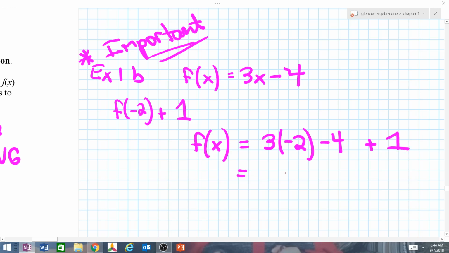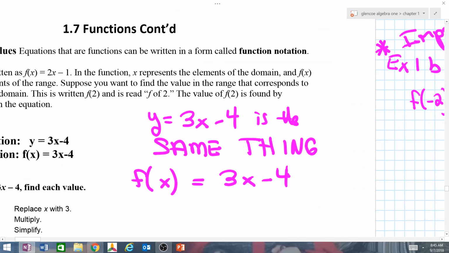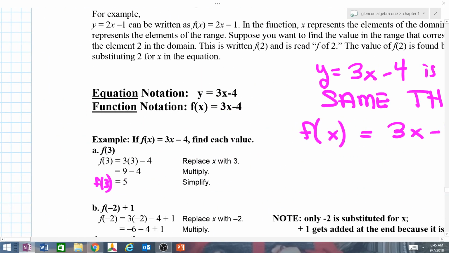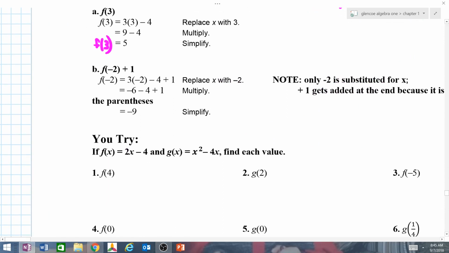So this becomes a negative 6 minus 4 plus 1, or what? Negative 6 minus 4 is a negative 10. Negative 10 plus 1 is a negative 9. Anybody have a question?